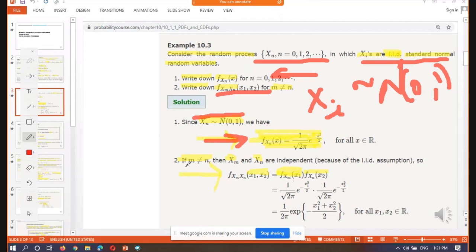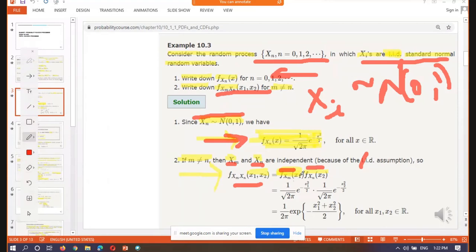Now, if m is not equal to n, Xm and Xn are independent because it is given that Xi's are IID. So when m is not equal to n, Xm and Xn are independent, and we have to calculate their joint density function. The joint density function is denoted by f Xm Xn (x1, x2). As they are independent, their joint density is the product of their density functions.